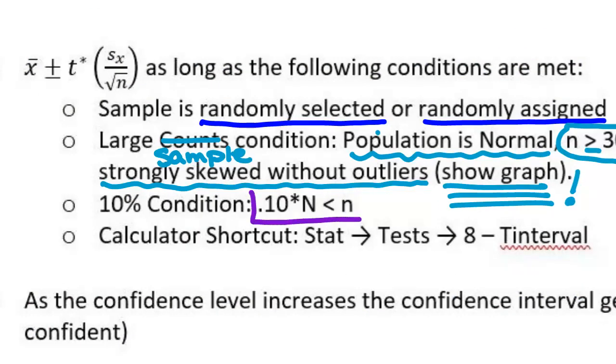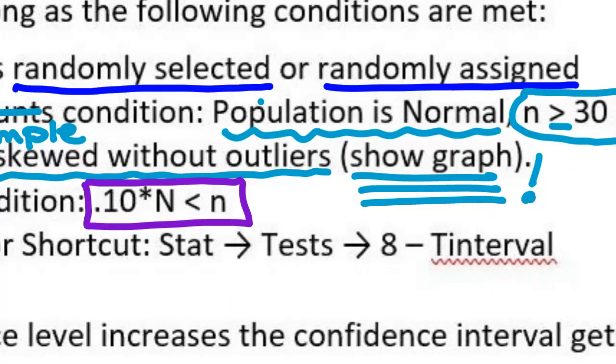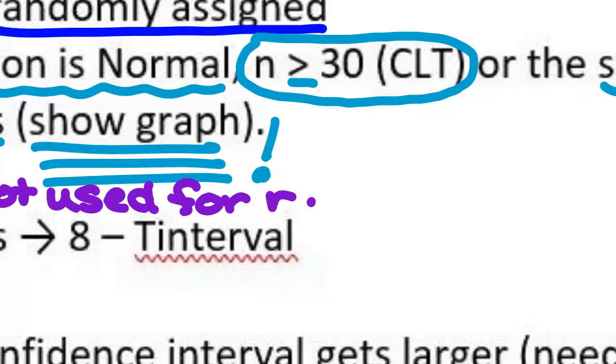And we also have our 10% condition here. This is when we are sampling without replacement. When do we not have to worry about the 10% condition? Random assignment, yes. Not used for random assignment.